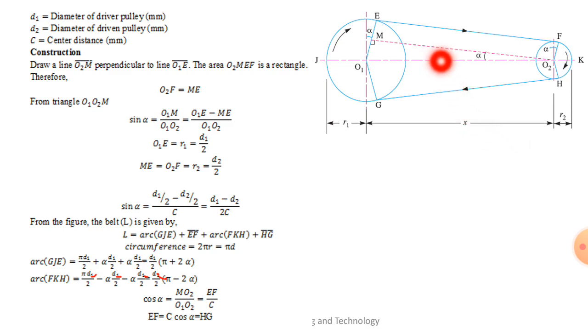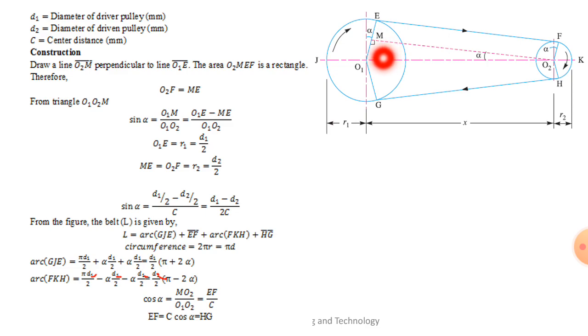Now from the same triangle, cos alpha can be written as adjacent side divided by hypotenuse. The adjacent side is MO2, so MO2 divided by O1O2, where O1O2 is the hypotenuse. MO2 is the same as EF, because in a rectangle both sides are equal.